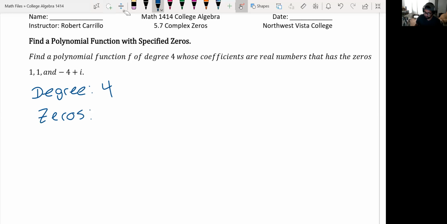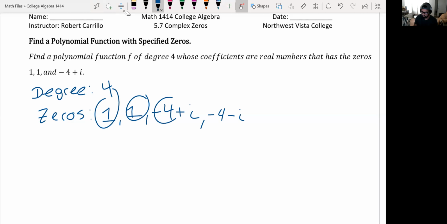Here we are given the zeros, 1, 1, and -4 plus i. This is our complex zero, which means it's going to have a conjugate pair of -4 minus i. And there we go. 1, 2, 3, 4 zeros.